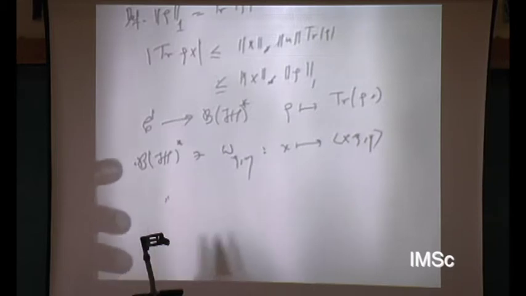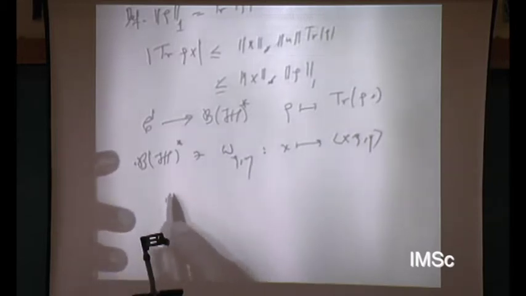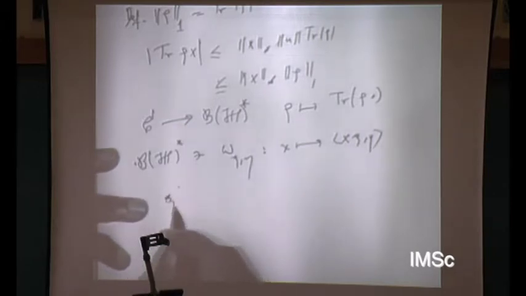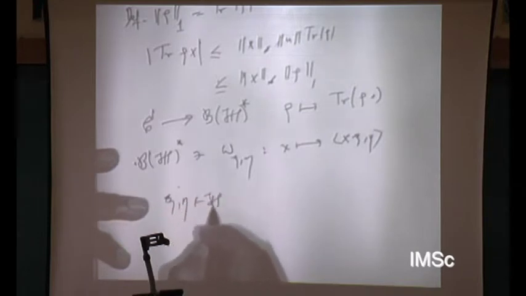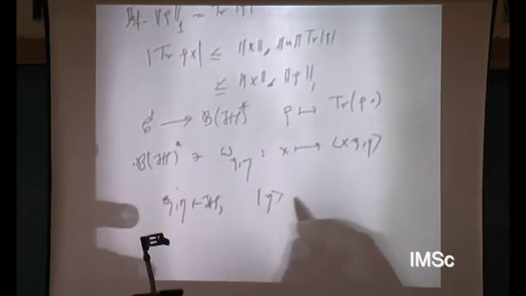Physicists use the following notation. If psi and eta are in the Hilbert space, they write eta to be the element of H star.